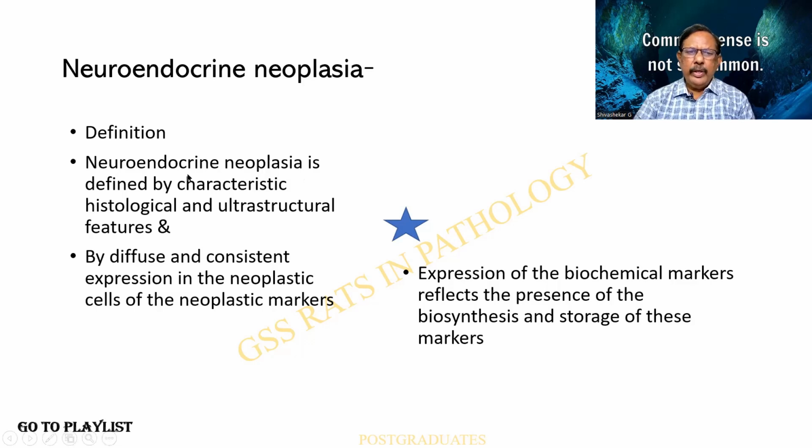So neuroendocrine neoplasia is defined as the characteristic histological and ultrastructural features of the cells which consistently produce these markers. The expression of the biochemical markers reflects the presence of the biosynthesis and the storage of these elements. So much so, more than the physical presence, its physiological presence might lead to a great havoc.